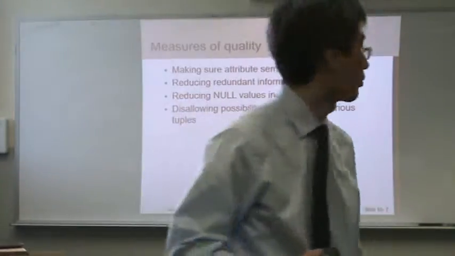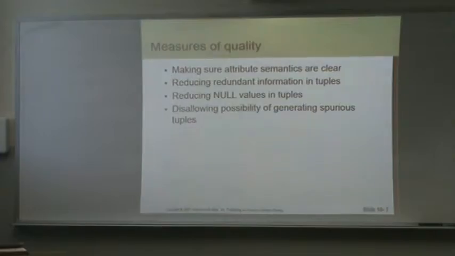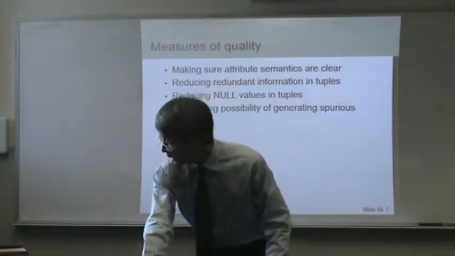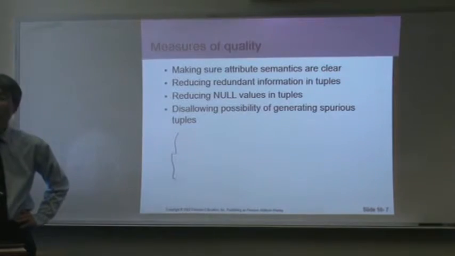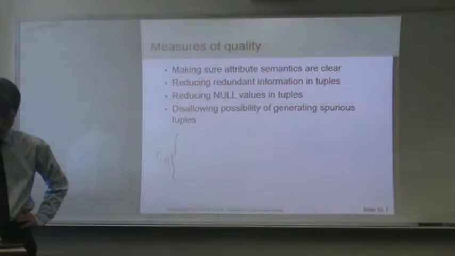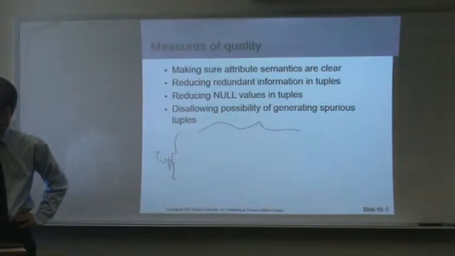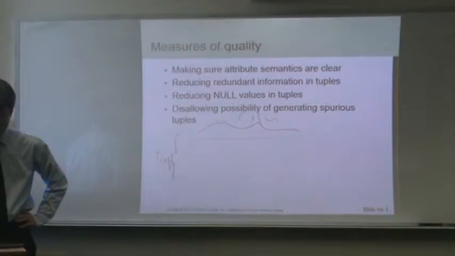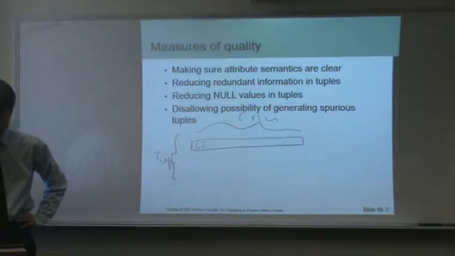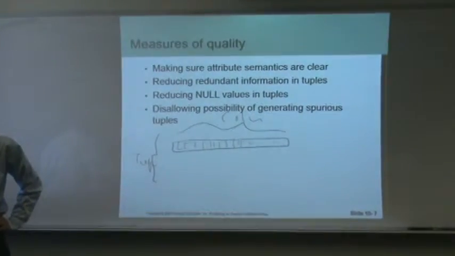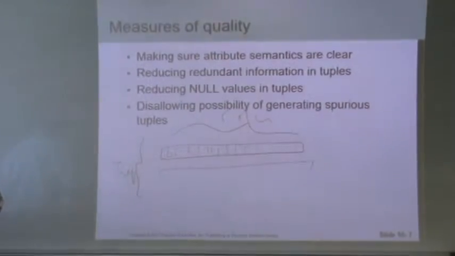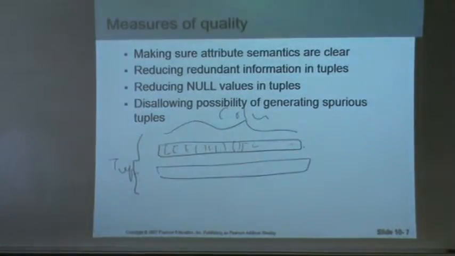What is a relation? Why don't we go back to the definition of the relation. A relation means a set of tuples, rows, and also a set of columns. So we have one tuple for Lee, 111, and 57 Tower Drive, and also another tuple.